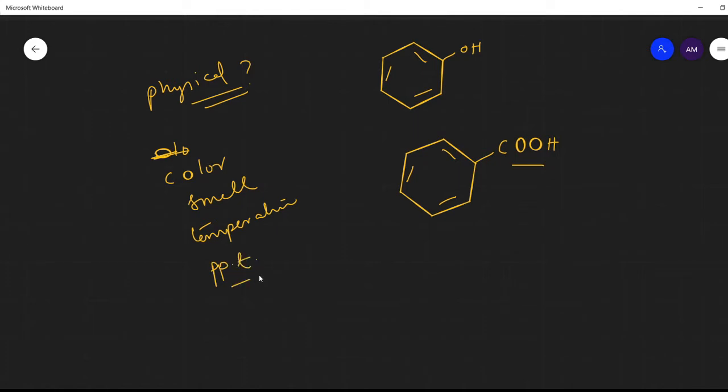So these things, which you can either see or feel, are basically physical changes. So here we are always dealing with physical changes when we talk about distinction tests.